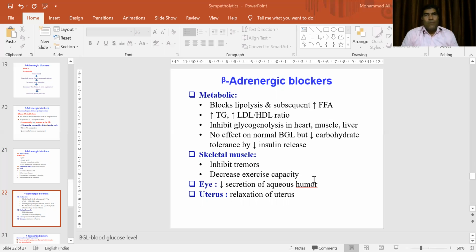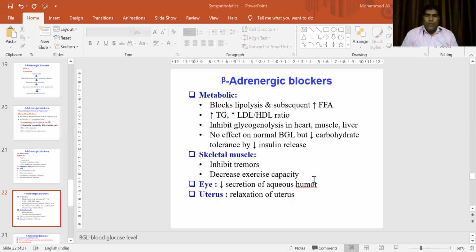No effect on normal blood glucose level, but they decrease carbohydrate tolerance by decreasing insulin release. Effect on skeletal muscle: propranolol inhibits tremors. Also, they decrease exercise capacity.